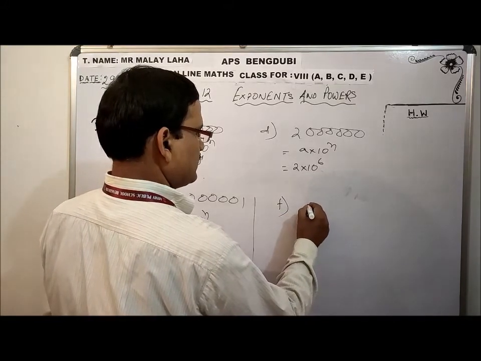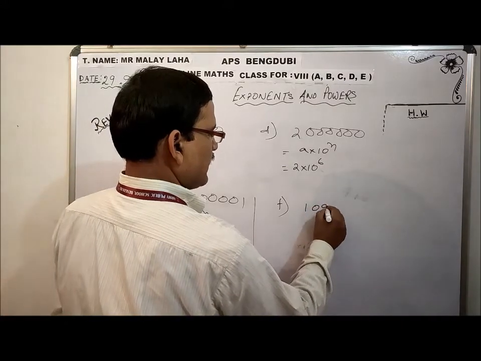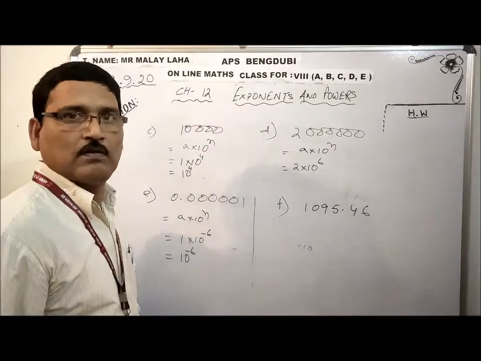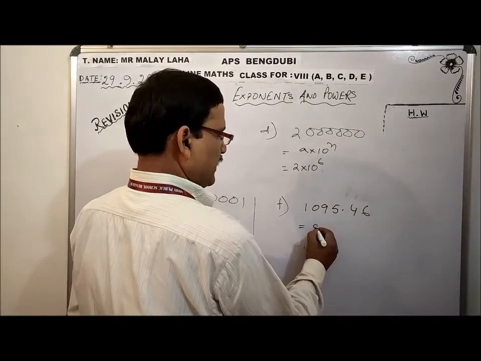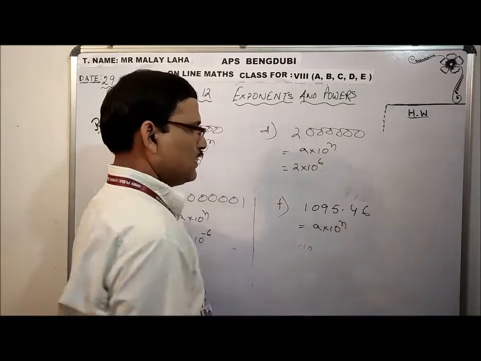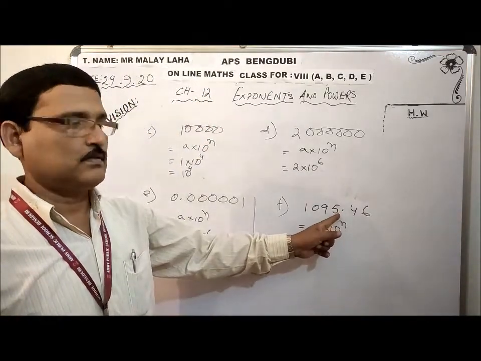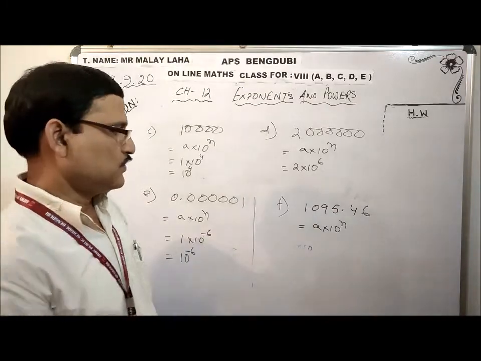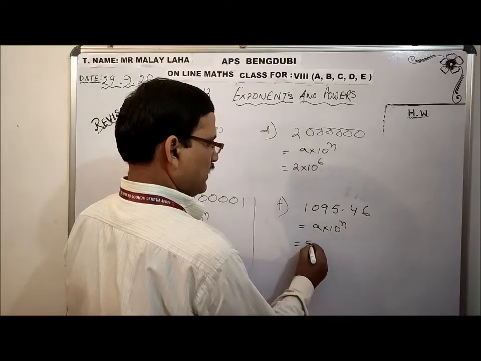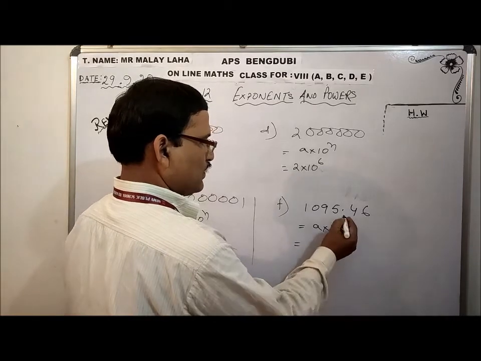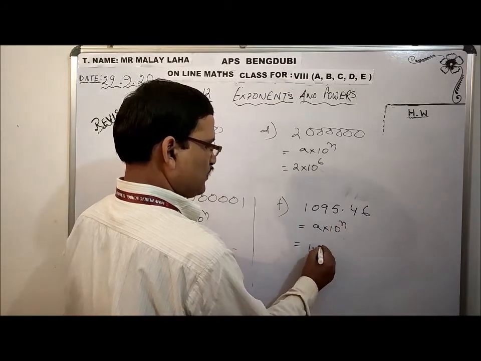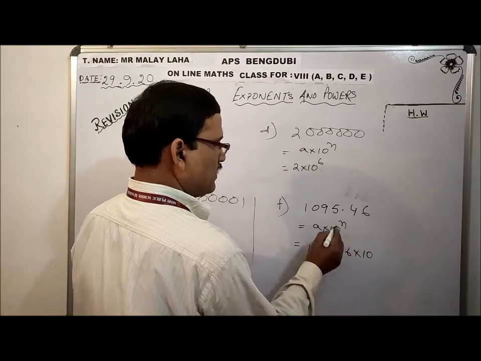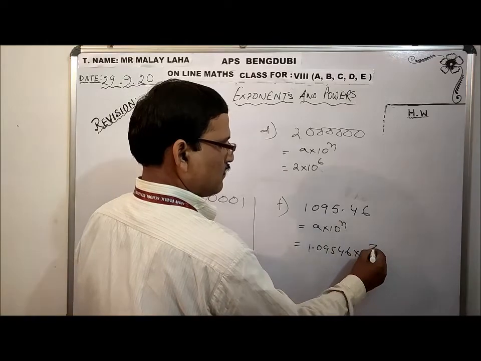Now what will happen in this case? 1095.46. What will you do? Same procedure, a into 10 to the power n. Now the decimal is already there, but you have to shift this decimal here. So you will write a into 10 already written. So here 1.09546 into 10 to the power 3.